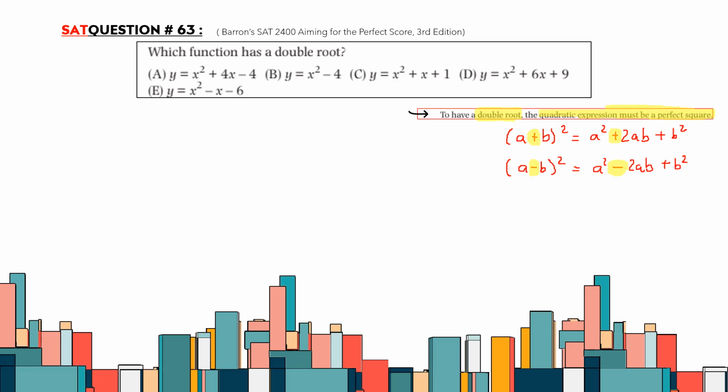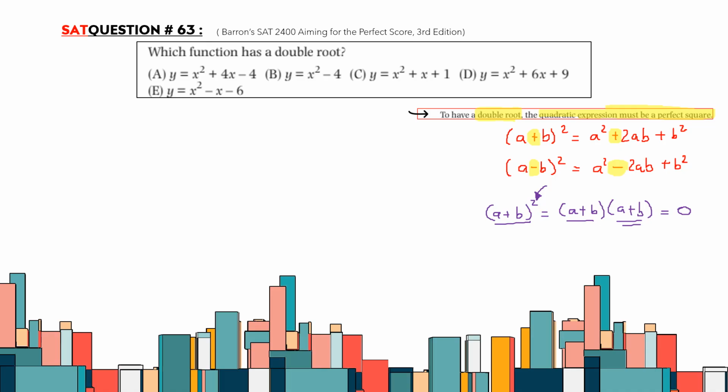And the reason they call it a double root is, if we look at (a plus b) squared, that is (a plus b) times (a plus b). The power of 2 means you multiply the factor by itself twice. So when we find the root, you set it equal to 0.